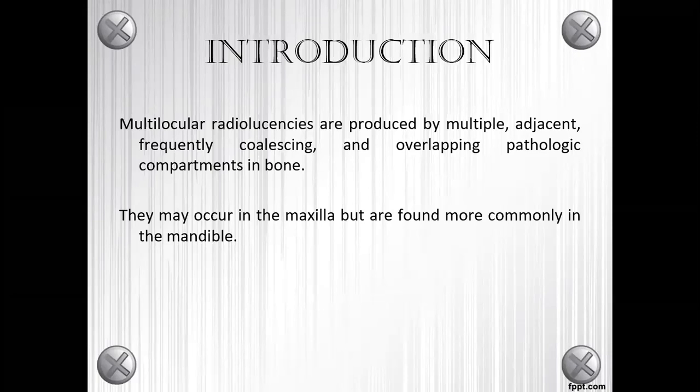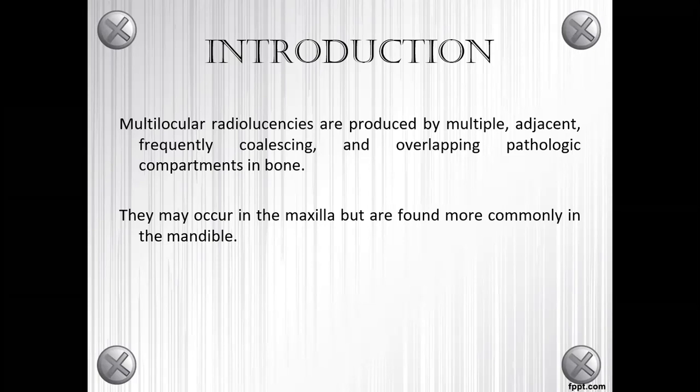Any syndromes which are associated with multiple OKCs? Any guesses? It's based on a syndrome, right? Have you heard about it? Yes, ma'am. Okay. So that is multiple radiolucencies, that is, multiple OKCs which you can see.